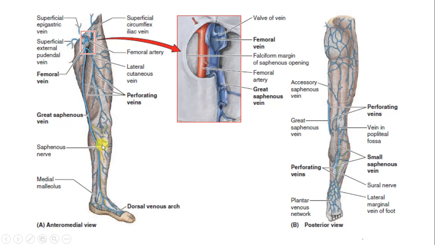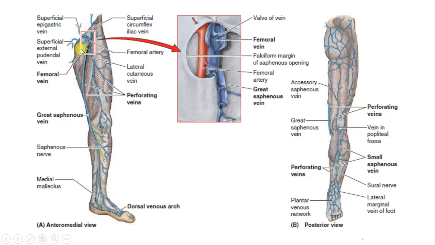In between, the saphenous nerve comes out and runs along with it, and the vein is connected to the deep veins through the perforators.